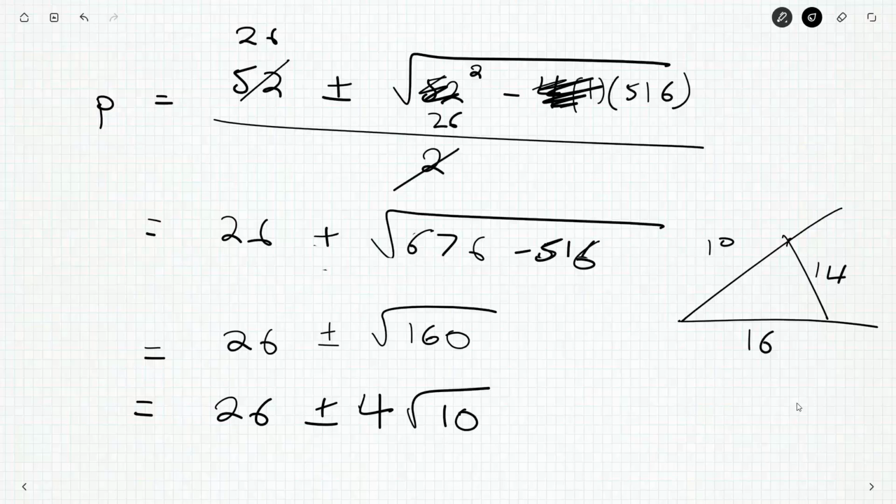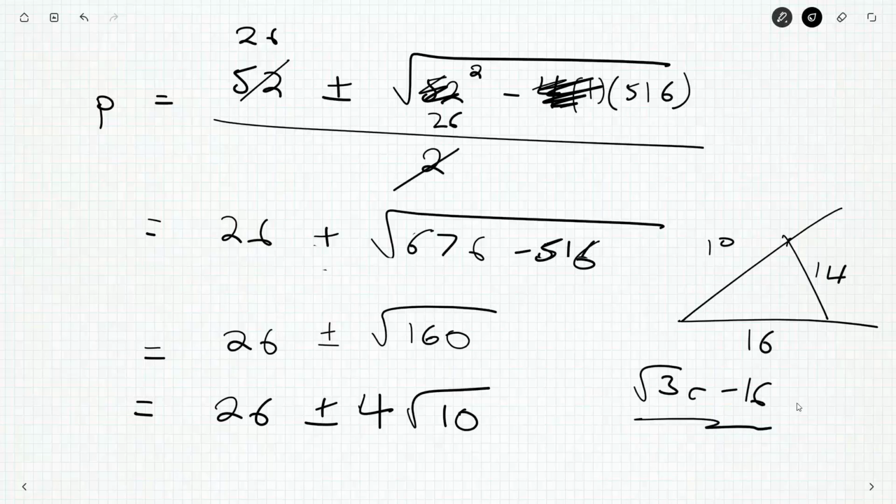But now the question is, which one of these two works? I made an assumption, didn't I, that we had 16, we had root 3r minus 16, didn't we? I made that assumption. That had to be an actual length to work with.